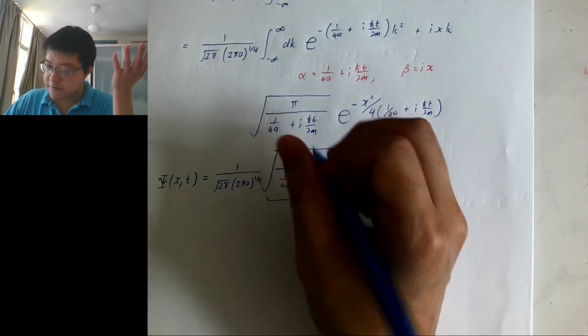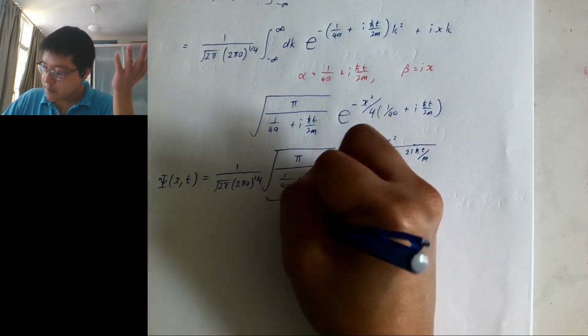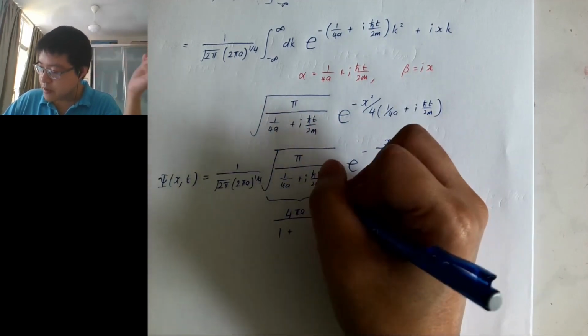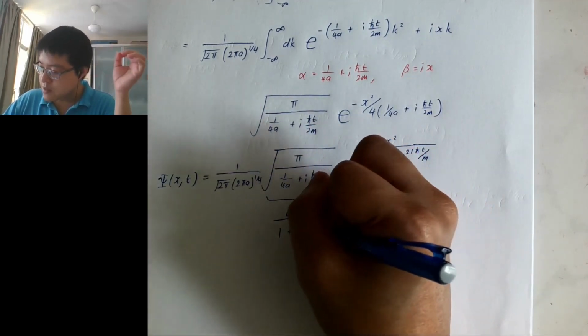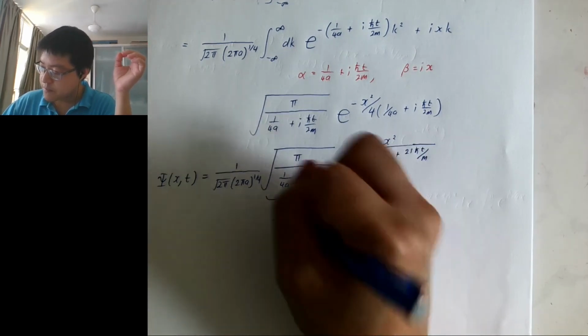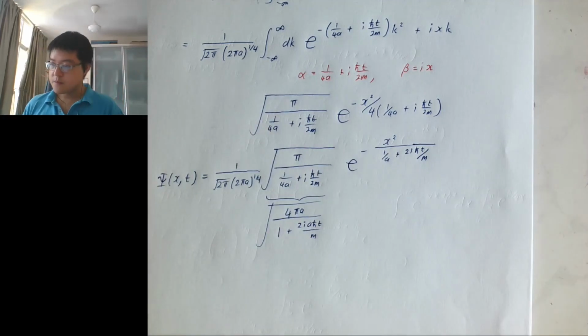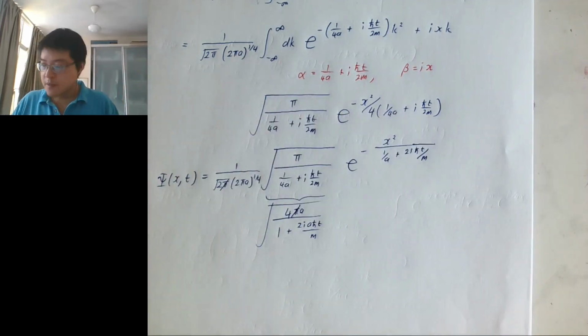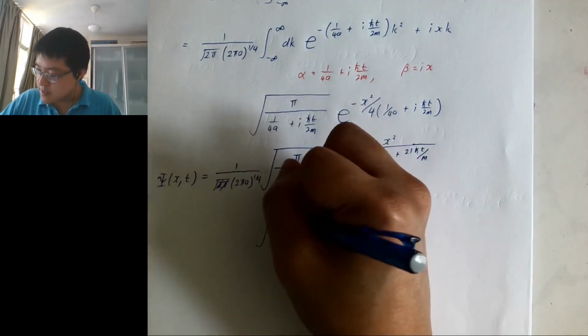So I got 4 pi a divided by 1 plus 2i a h bar t over m, square root. Okay, so there's a root pi, and root pi will cancel. Root 2 will cancel this, and it becomes a 2.